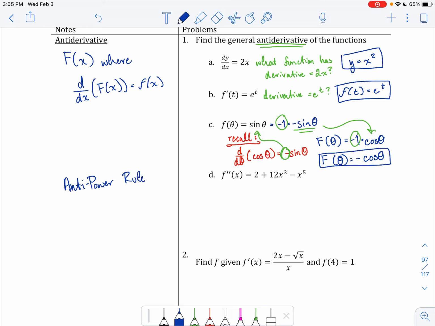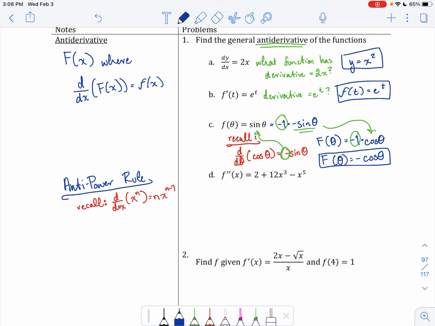So whenever you have a polynomial, just like with the derivative power rule, it was you bring the exponent down and subtract 1. So if you recall, the derivative of x to the n is n times x to the n minus 1.